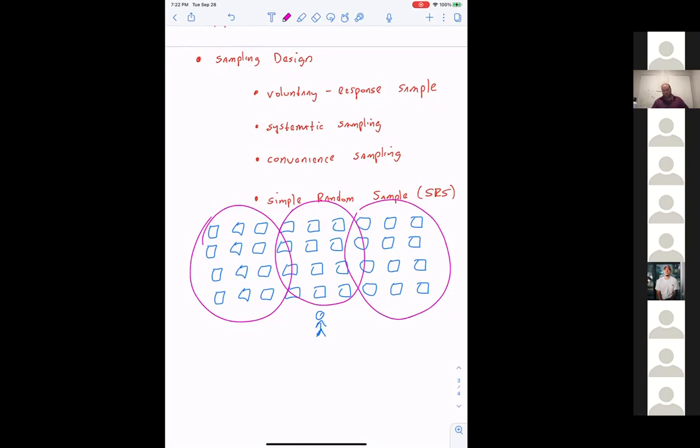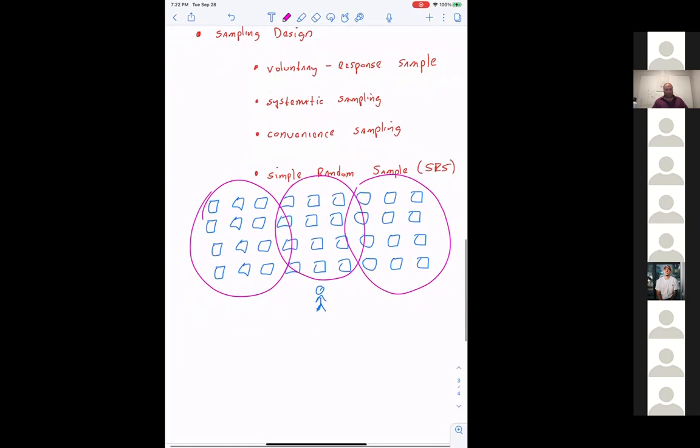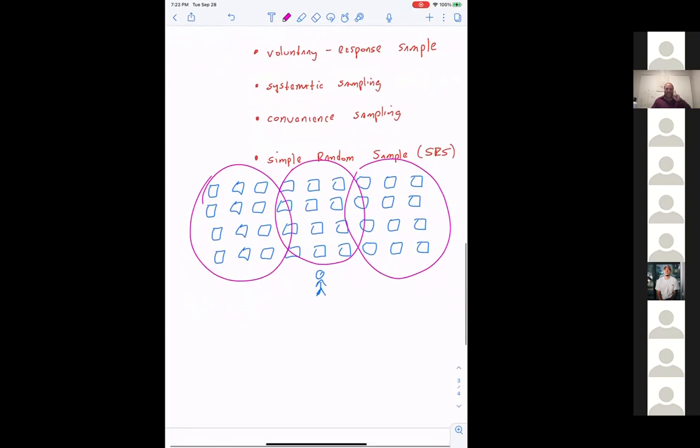The word simple means that if I want to pick 3 people at true randomness, any 3 people are as equally likely to be picked as any other 3. In this method that I just did, is it possible that those 3 people will be picked? No. But if I put their names in a hat, is it possible then that those 3 would have been picked? Yes.